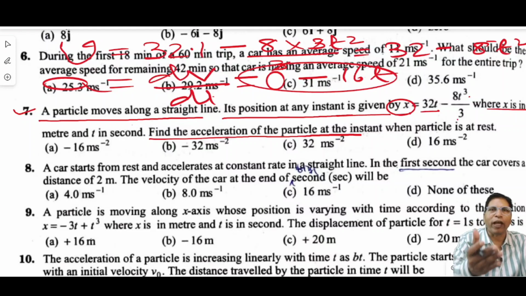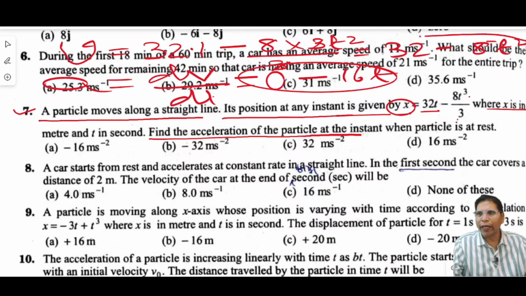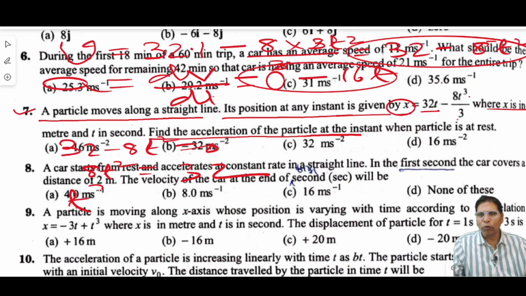Now we have to calculate the acceleration when the particle is at rest. The velocity of the particle will be 0 when 32 minus 8t square equals 0. So 8t square equals 32, therefore t square equals 4, so t equals 2.